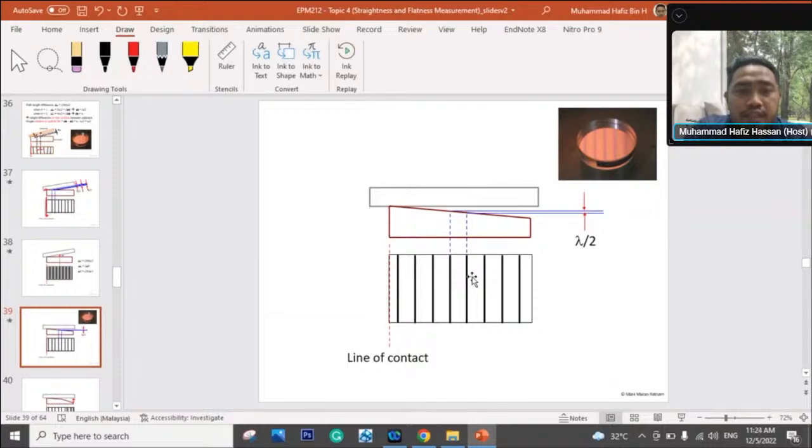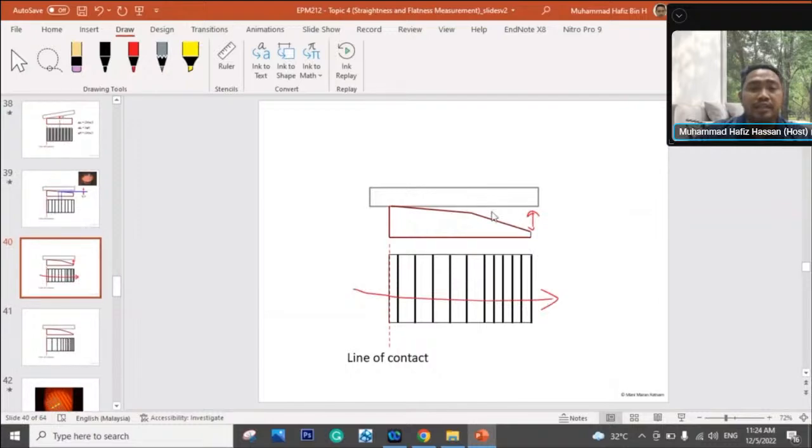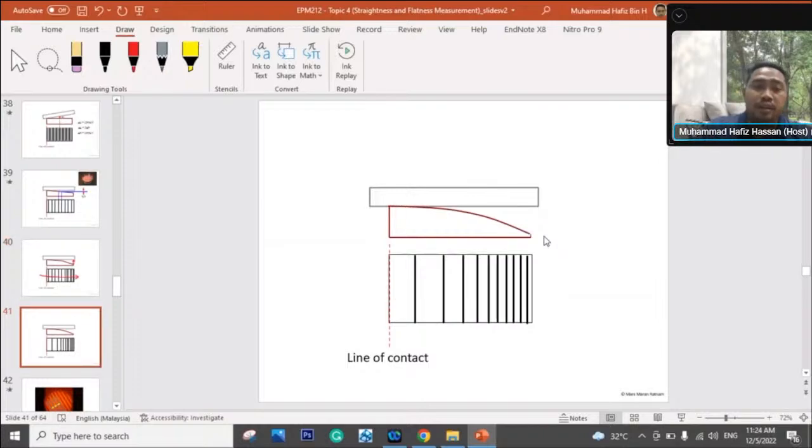So we can see they have a slope here, which means an incline of the surface. If they have a curve, the fringe pattern will be slightly different. When they have a slope and a large gap, of course their fringes will be closer to each other, and we can see a different pattern if they have a curve.